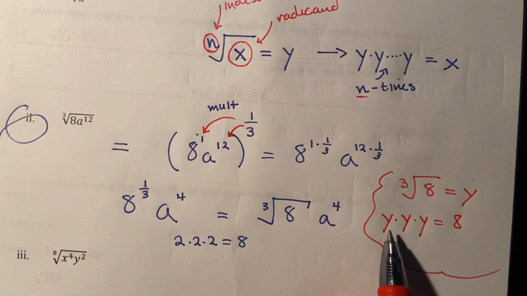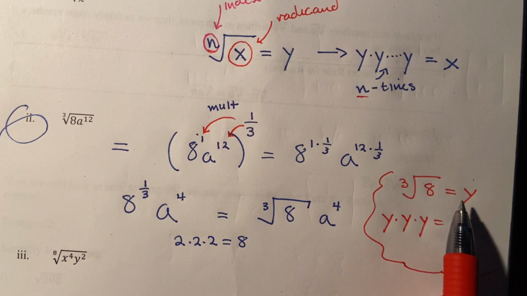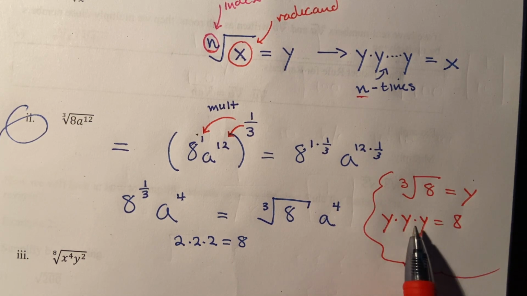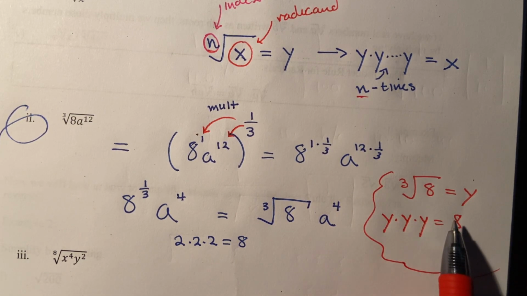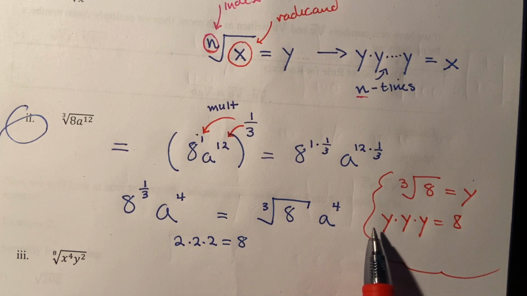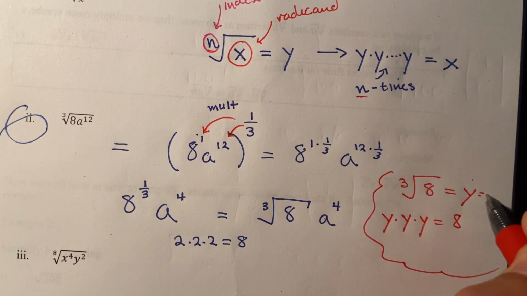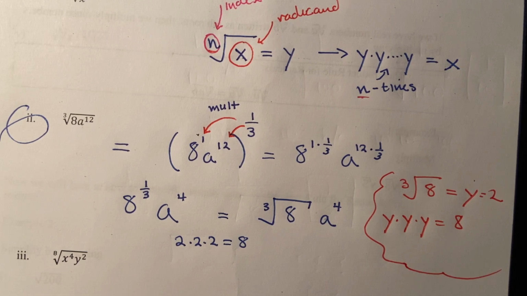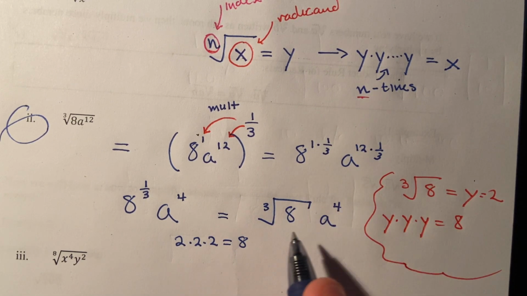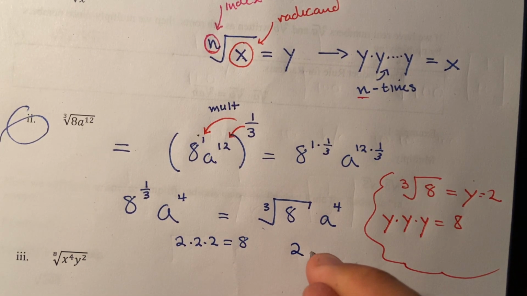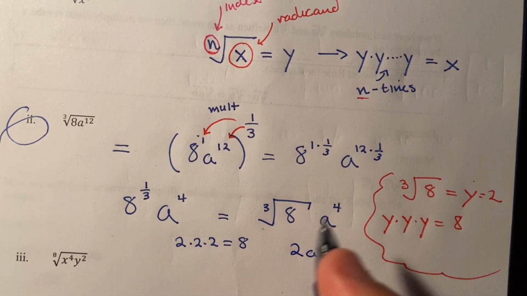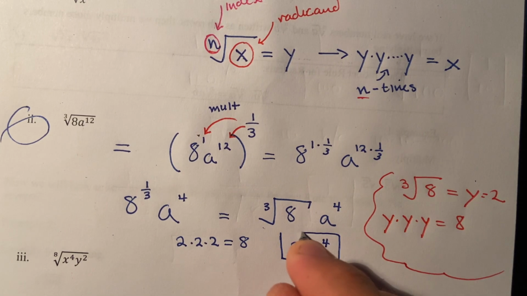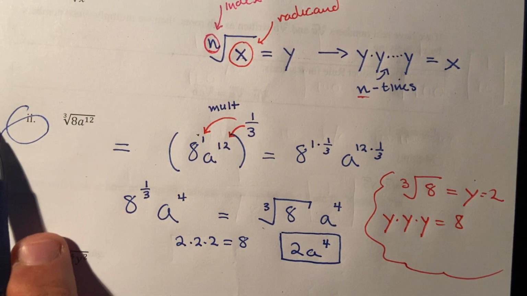Right, so that 3 means we're multiplying 3 times, and we're multiplying to try to get 8. So this implies that this should be a 2. So I can simplify this piece. We should just have 2a to the 4th. That's the exact same as this thing.